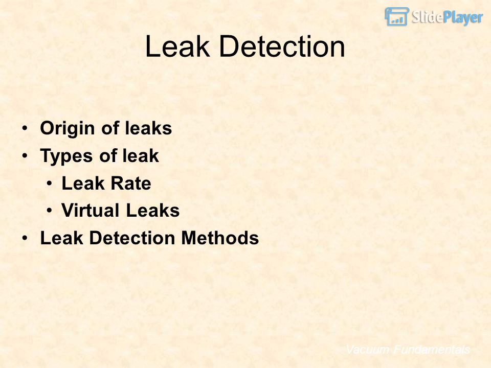Leak detection: origin of leaks, types of leak rate, virtual leaks, and leak detection methods. This activity presents fundamental information on vacuum. The principles of vacuum are related to a basic set of properties of gases. Some processes in the top-down nanomanufacturing environment require vacuum conditions in order to proceed correctly or to avoid contamination.